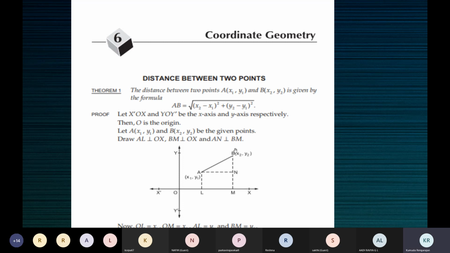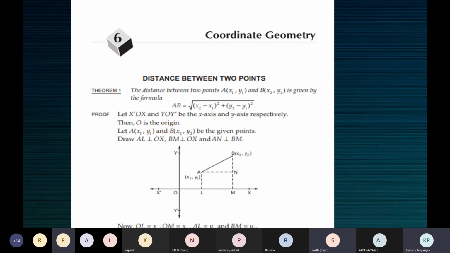All right. Now, children, tell me, how do we find BN? Which are the two line segments which we need to subtract to get BN? Which line segment minus which line segment?